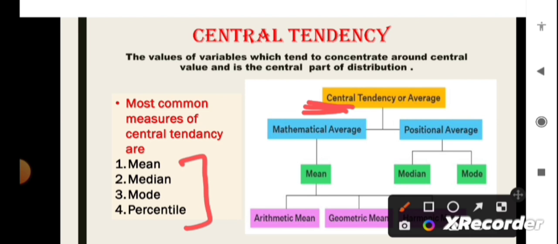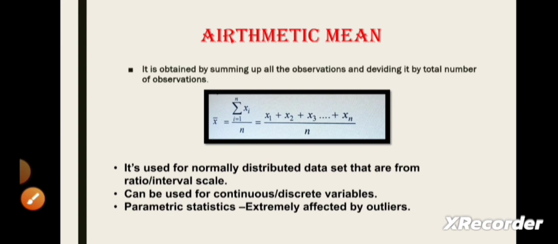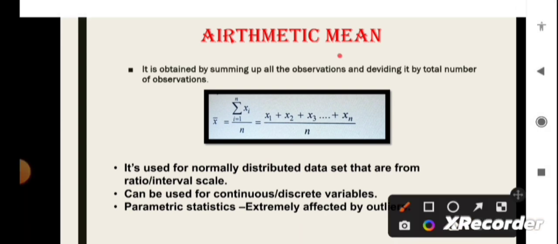There are three types of mean. First is arithmetic mean, second is geometric mean, and third one is harmonic mean. The arithmetic mean is described as average and it is obtained by summing up all the observations and dividing it by the total number of observations, which is given by this formula.